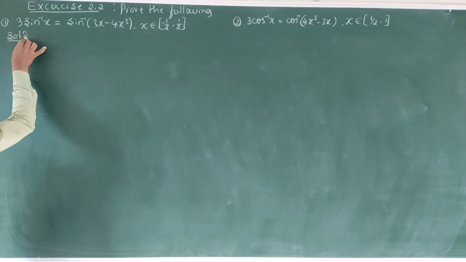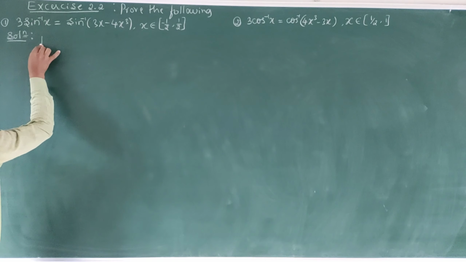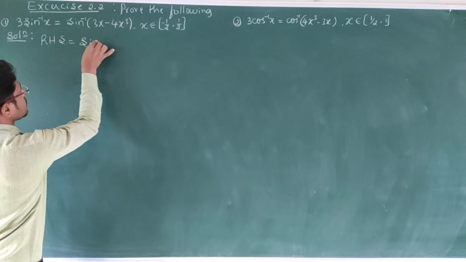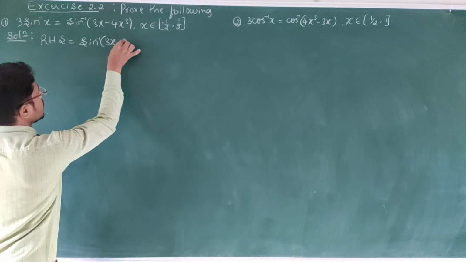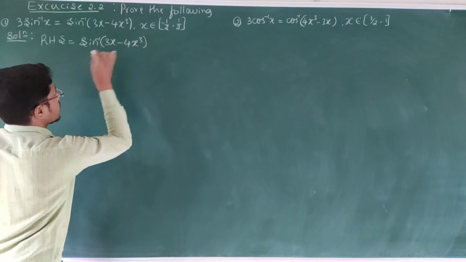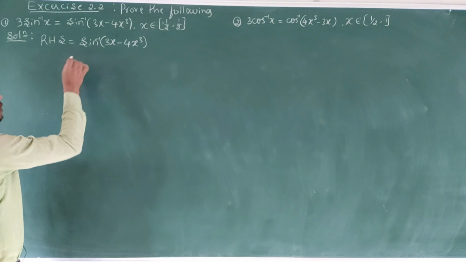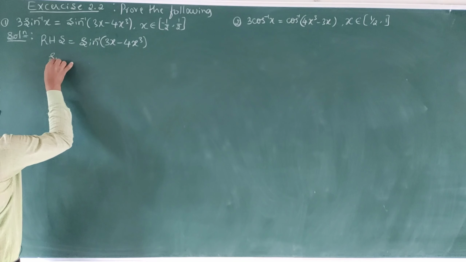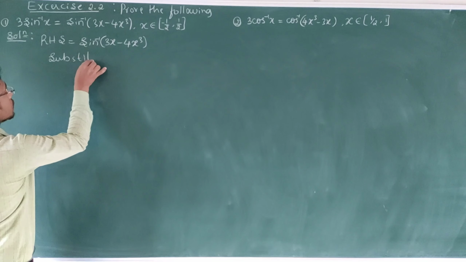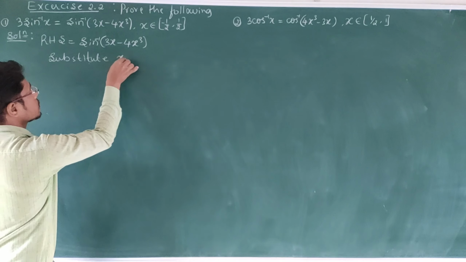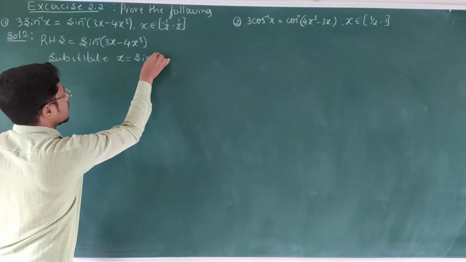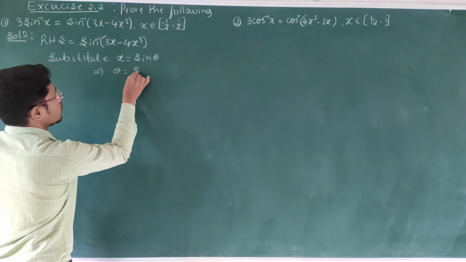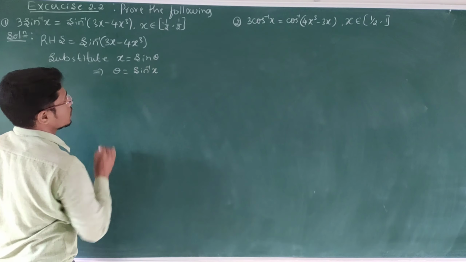So consider the RHS in this, that is sin inverse of 3x minus 4x cube. For this I will go through the substitution method. Put x equal to sin theta, so this implies theta equals sin inverse of x.